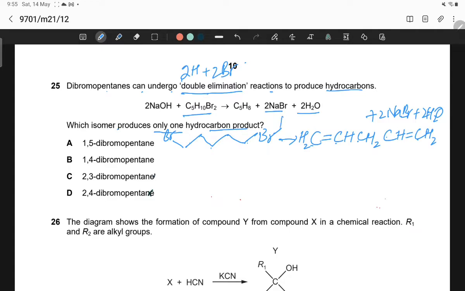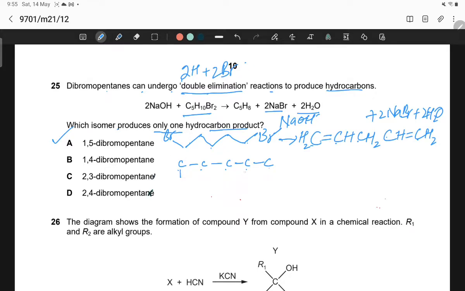when reacted with sodium hydroxide. So this could be correct. Now look at 1,4-dibromopentane. 1 2 3 4 5, 1 4.